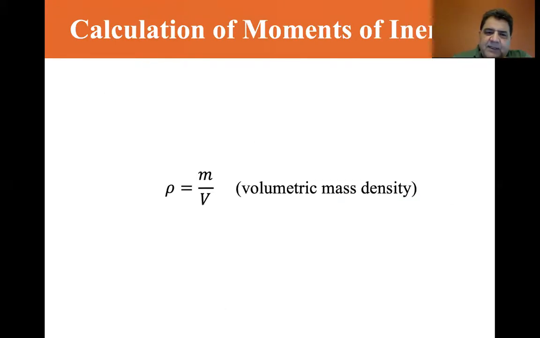Now, that's the volumetric mass density, but we don't always use it. Notice that that's mass divided by L cubed, mass divided by length cubed in units.